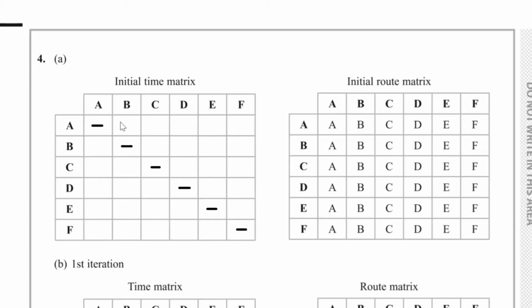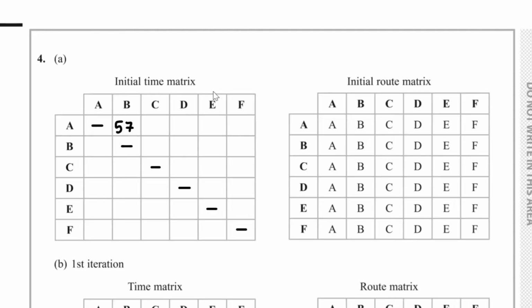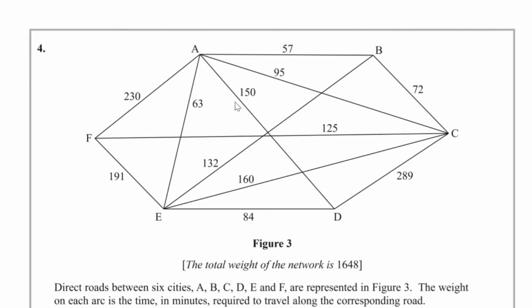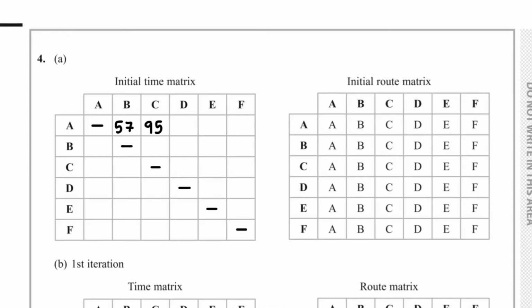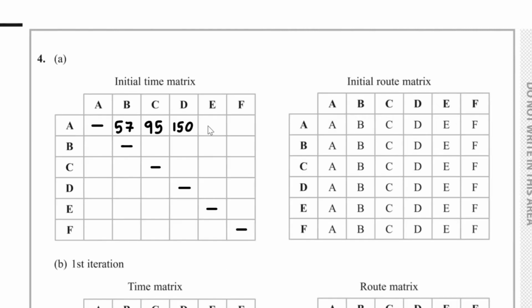It's 57. We add here. A to C, directly, that's 95. A to D, that's 150. And A to E, that's 63.